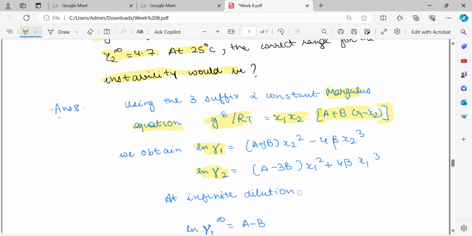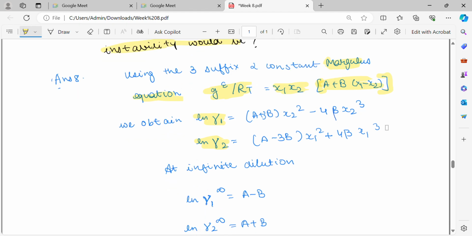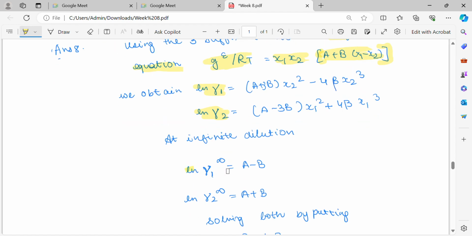Okay, at infinite dilution, x1 tends to 0, so x2 will become 1.